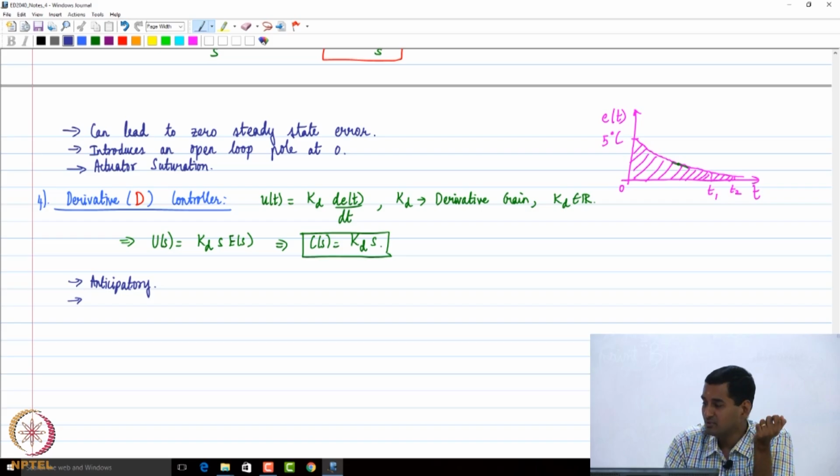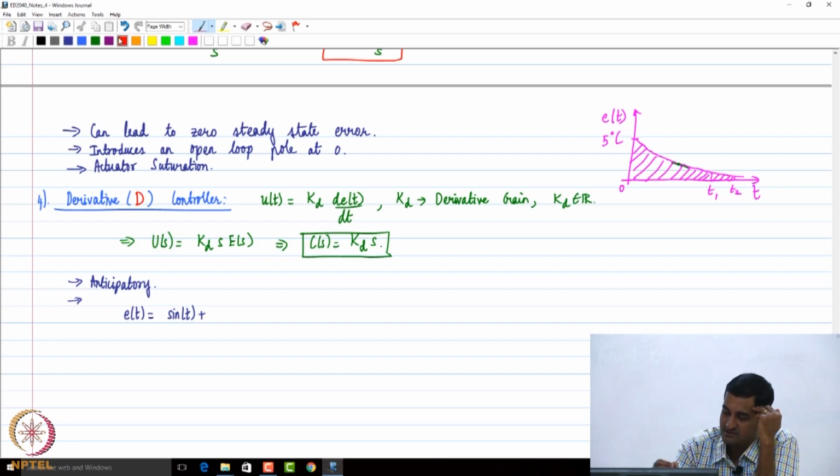But I'm going to leave you with one more limitation of the derivative controller with this example. Once again, it's just a numerical example to convey the point. Let us say your error was something like sin t plus 0.01 sin 100t.